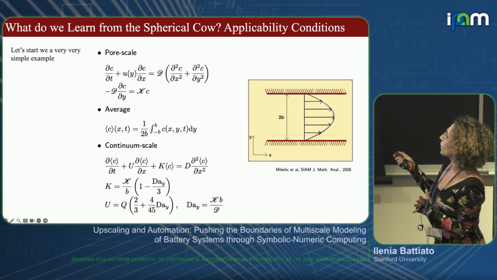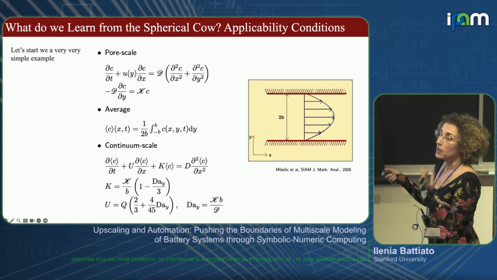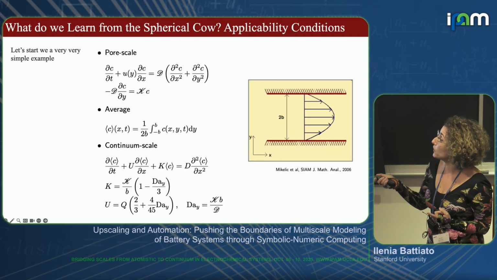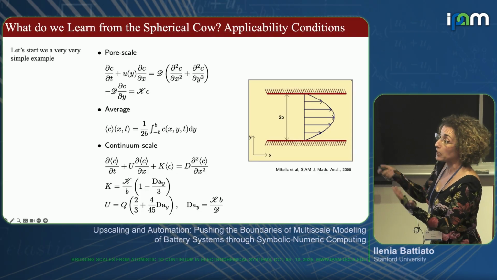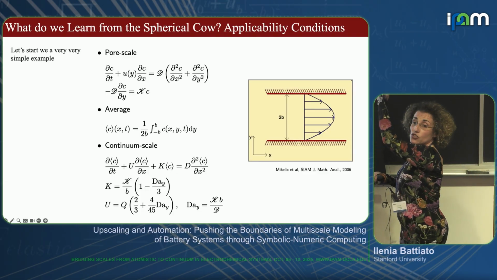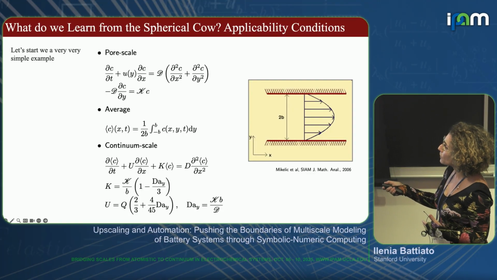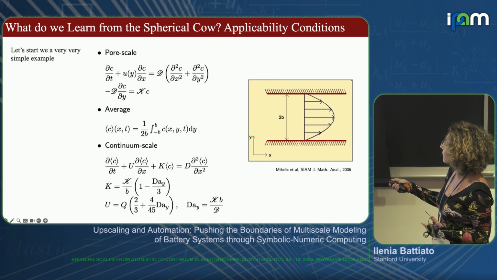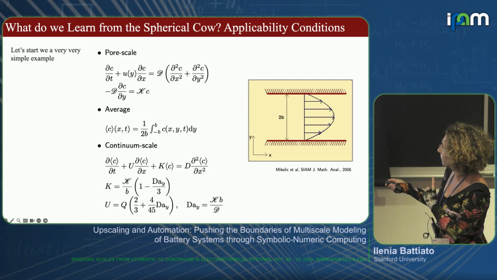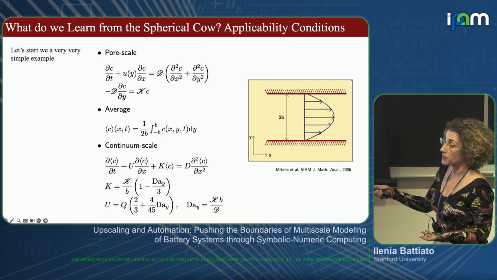So if we were to construct an equivalent continuum representation of this system, the first step is to define the average. In this case, a very intuitive way to define the average is along the vertical cross-section over here. If you apply this operator to these equations, and you can find a lot of long derivations in this paper, which is not by me but by a French mathematician, you will eventually get to this continuum scale model.